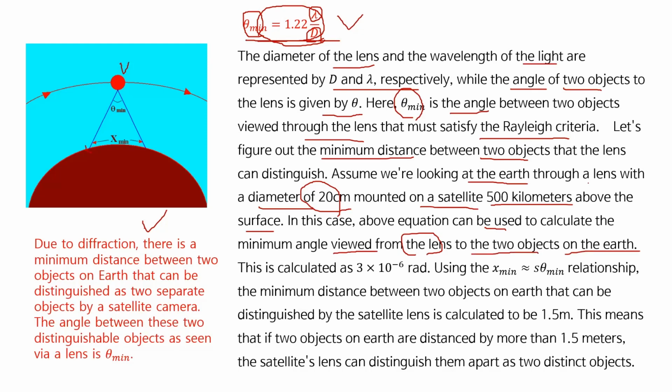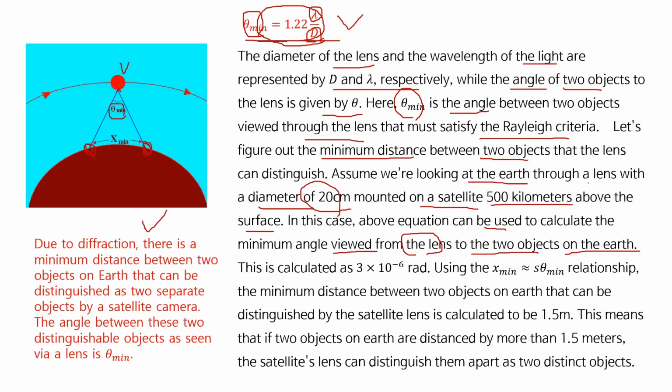So there are two objects separated by a certain distance, and theta minimum is the angle for the Rayleigh criterion viewed from the lens to the two objects.